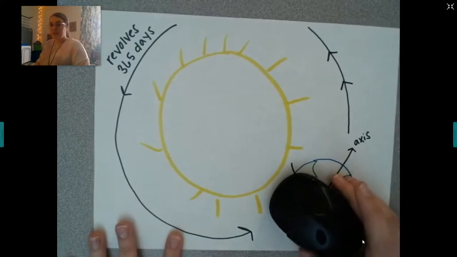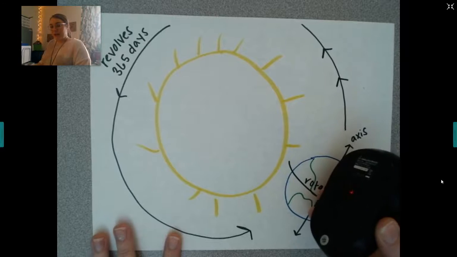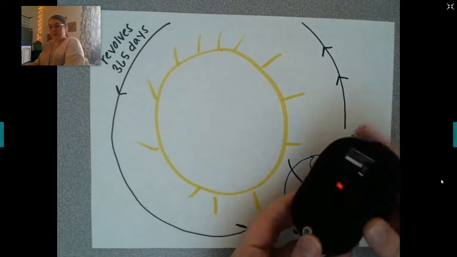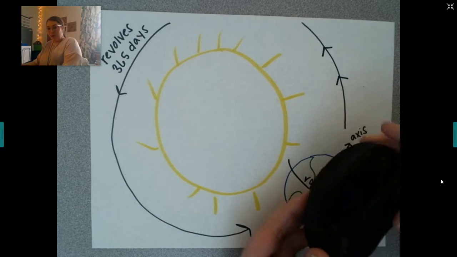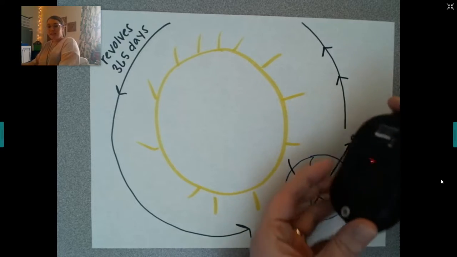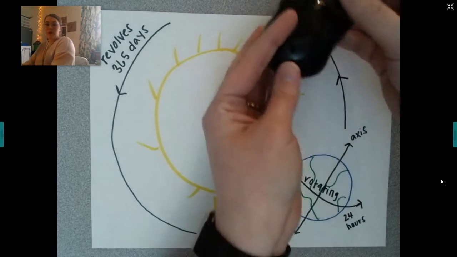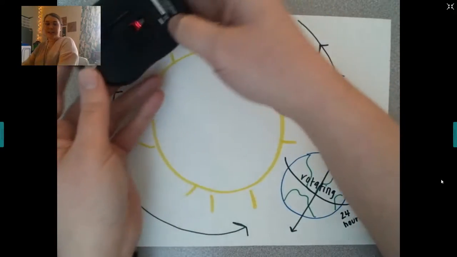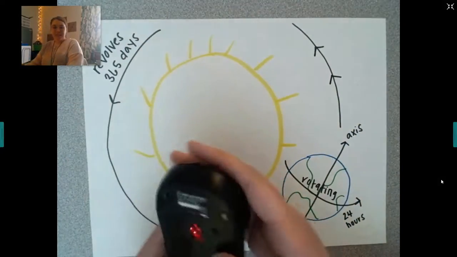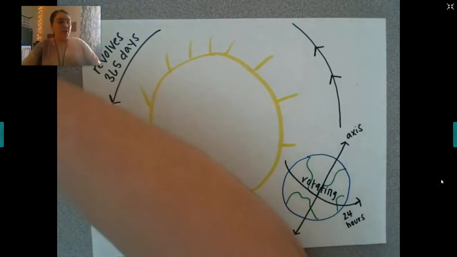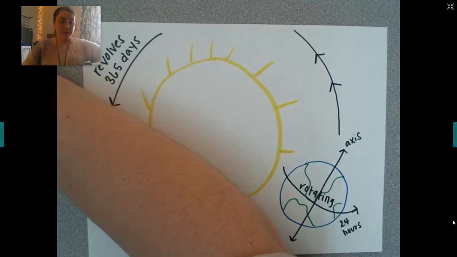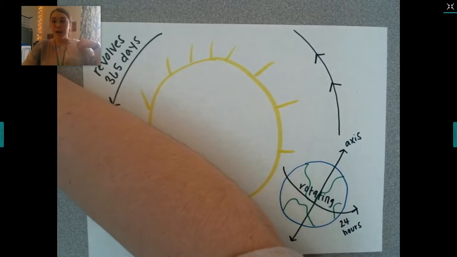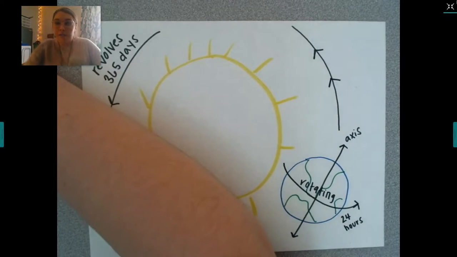So that's something you need to remember. Our Earth is on its axis and it's tilted and it rotates. That takes 24 hours. And as it's rotating, it revolves around the sun, and that takes 365 days. Okay, so now that you know those vocabulary terms, let's go ahead and talk about our seasons.